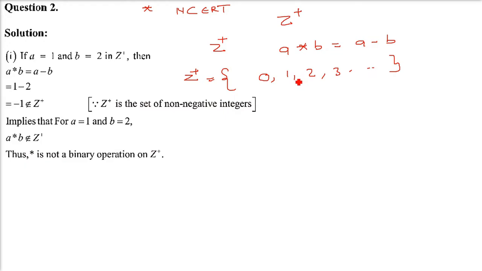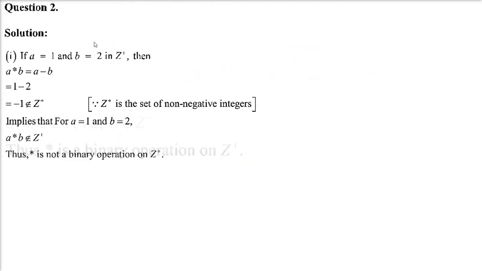Now, as I said, A and B have to be taken from this set only. So if you take A as 1 and B as 2, A star B is equal to A minus B, so A is 1, B is 2, that gives negative 1. Now you see this negative 1 does not belong to Z plus. It is not there even in the set. So it is not a binary operation. Star is not a binary operation on Z plus.